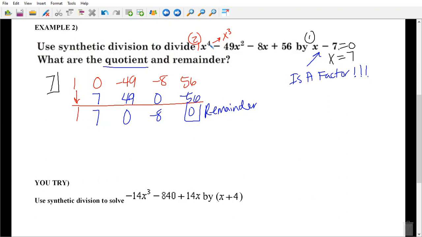So I started off as a 4th degree, so I'm going to end as a 3rd degree. So we have 1x cubed plus 7x squared plus 0x minus 8. So my quotient is x cubed plus 7x squared minus 8.